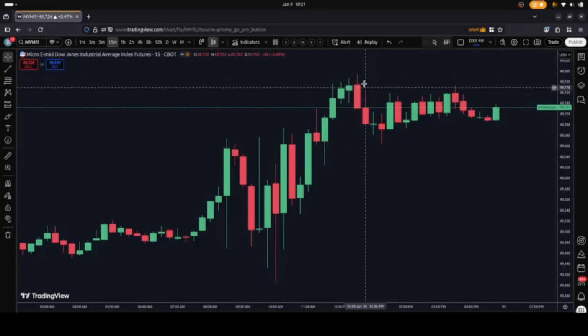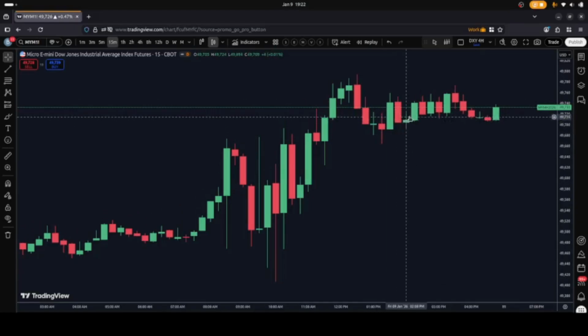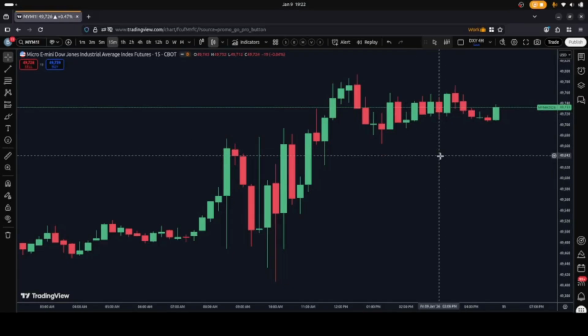If it's not a one-to-one, you would have exited after this bearish candle closes back in the range and engulfs this candle. You would have gotten out here. So it's still a winning trade. And then you have this doji, closes back up. Probably wouldn't have taken that, but a continuation on this bullish 15-minute doji. So that's the Dow.